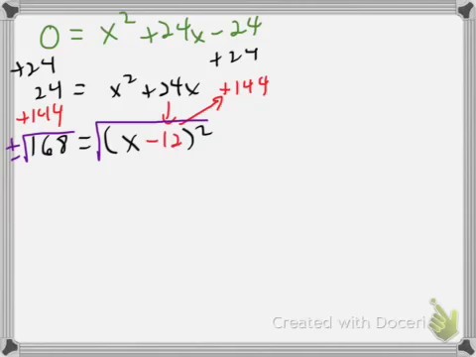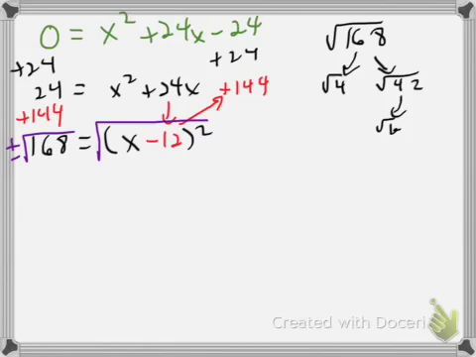What's 168? 168 is root 4 times root 42. This is root 6, this is root 7. That's a 6, which is root 2 and root 3. But there's no pairs here, so it's not useful.